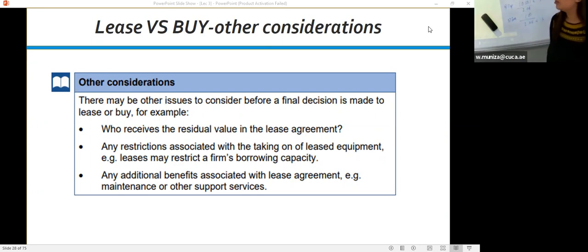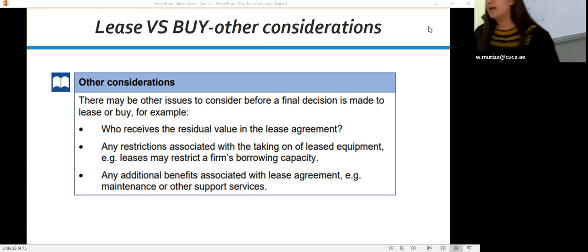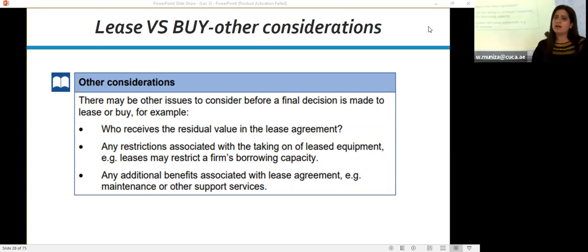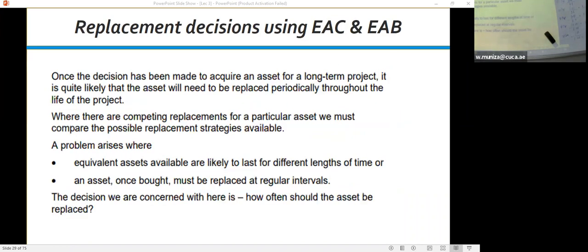Any additional benefits associated with the lease agreement, that is maintenance or other support services. So this is purely theoretical: we have to consider the finance issues while deciding to lease or buy, but also any restrictions on getting the lease, or regarding the capital of the company, etc.